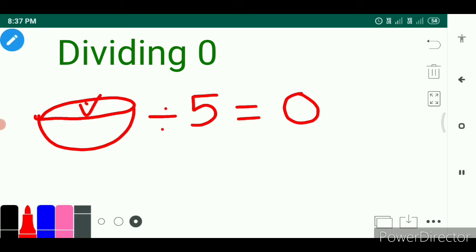Because nothing is there. 0 sweets means no sweets. So each child will get 0. We can say that when 0 is divided by any number, the quotient is always 0.